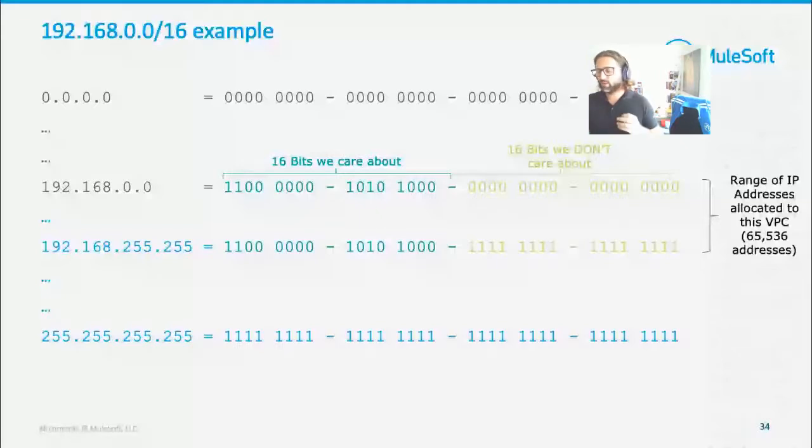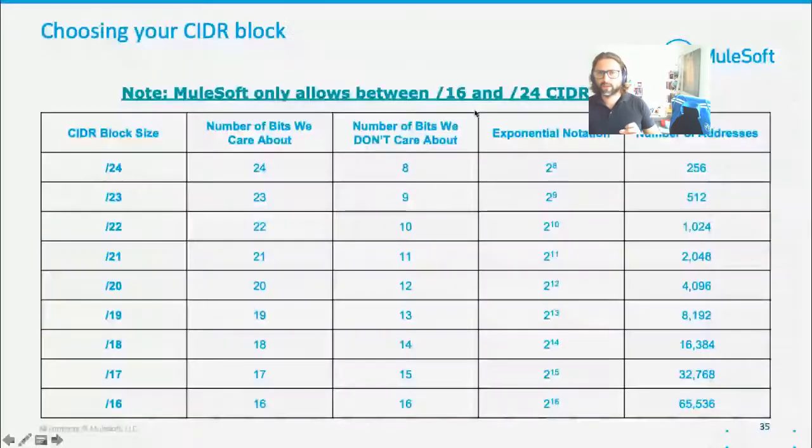It is very important to pick the right block size for your network. Here in this table, you have the relationship between the number of IP addresses and the block size. The thing that you need to remember regarding MuleSoft and the Mule VPC is that the minimum block size that you can choose is /24.